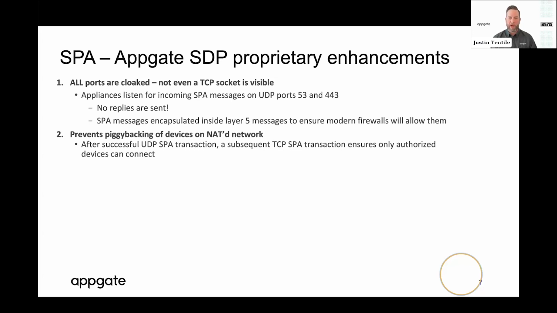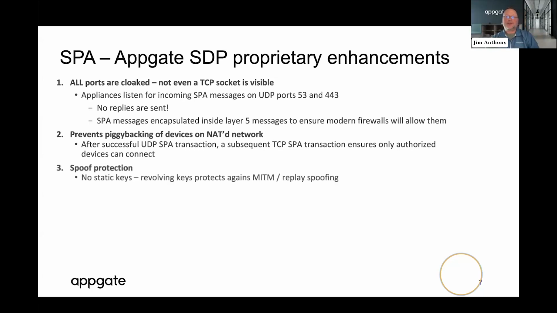If my client were sending a SPA message to those UDP ports from a network on which I am NATed behind a firewall, and there are other devices on that firewall, we need to worry about this piggybacking concept where another device might try to ride that essentially open connection. And so AppGate has enhanced that by performing a second SPA transaction on that TCP port to ensure that only authorized devices can connect.